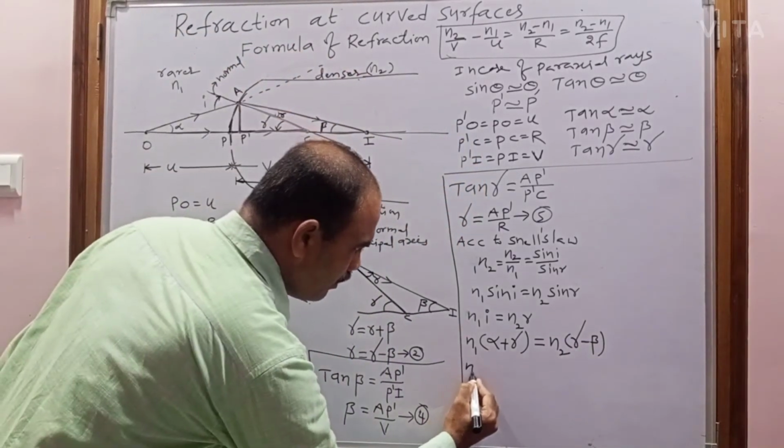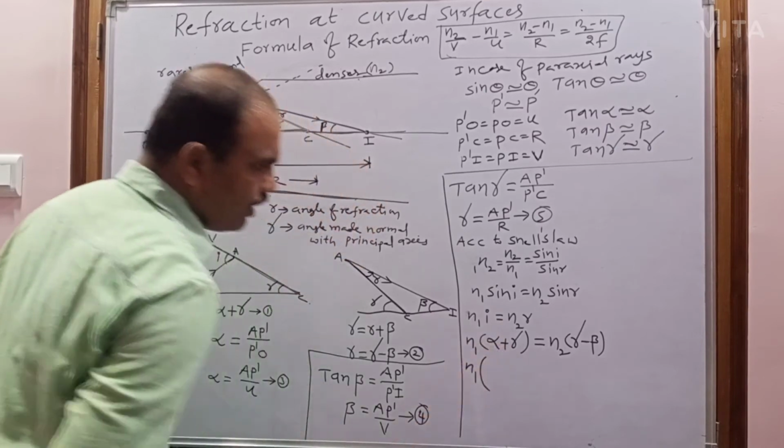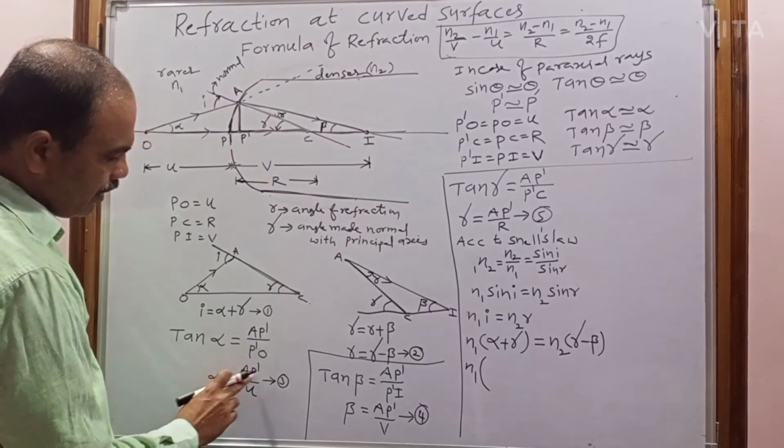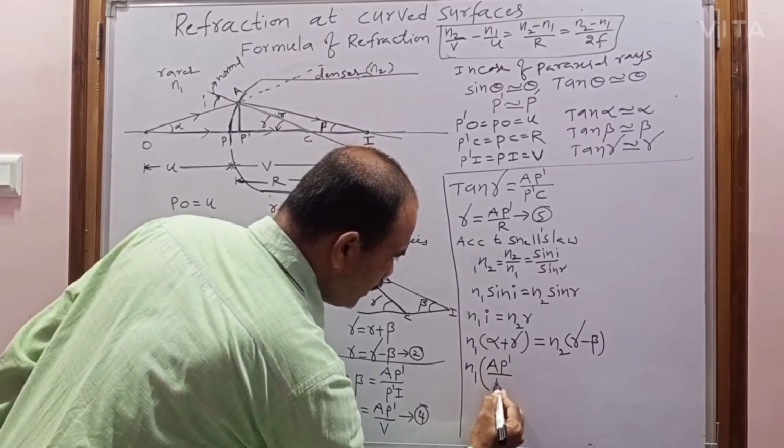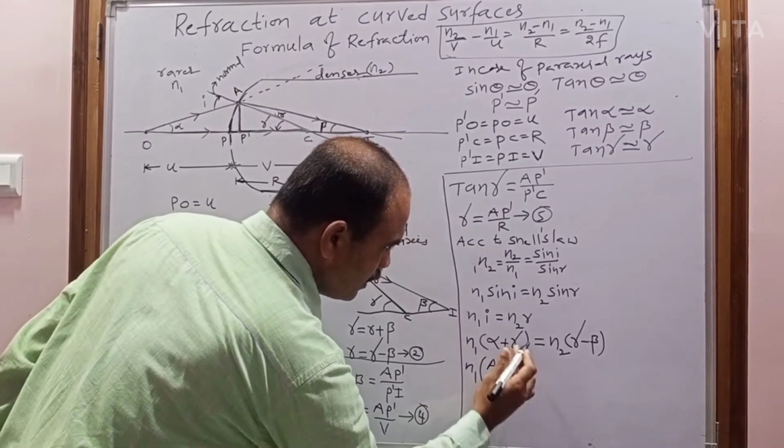So now N1 times alpha, which from equation 3 is AP dash by U, plus gamma.